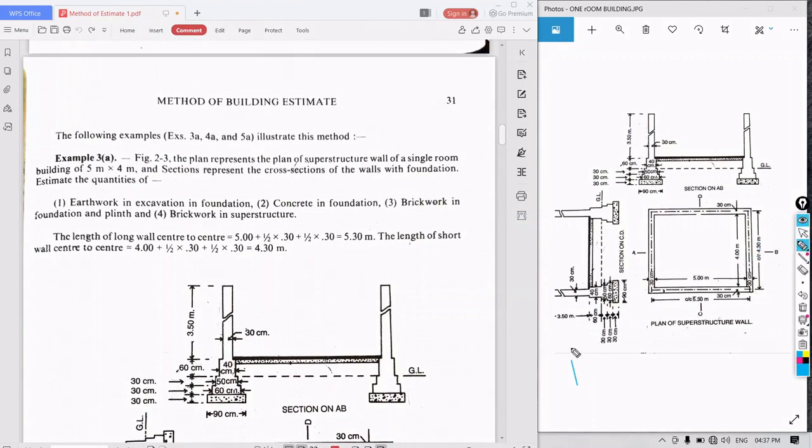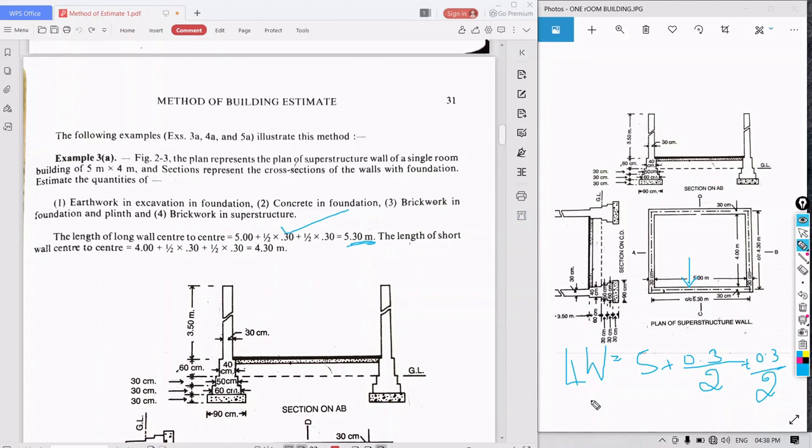What is that? 5 plus the width of the wall, that is 30 centimeter. I converted it to meters: 0.3 divided by 2 plus 0.3 divided by 2.